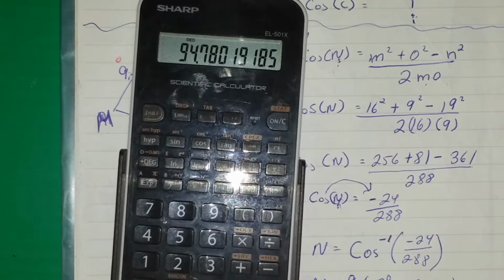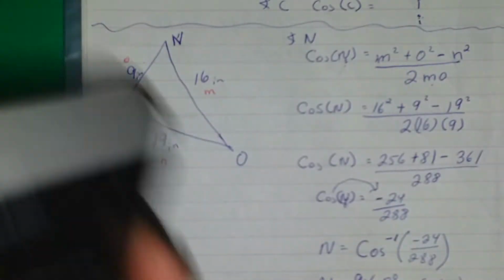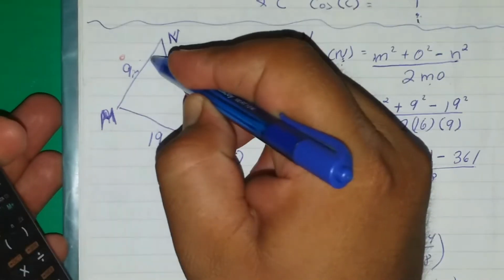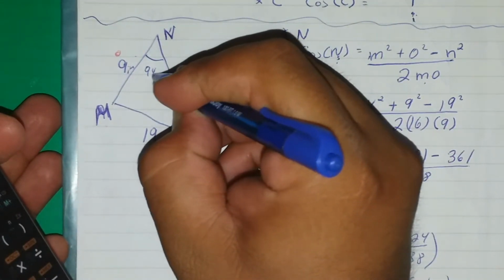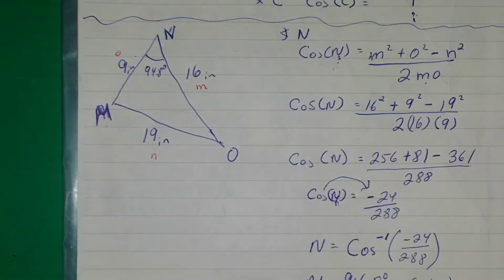So 94.8, 1 decimal place. All right, so that means that angle N here, if I go back here, I can fill this out to be 94.8 degrees. So that is what we have.